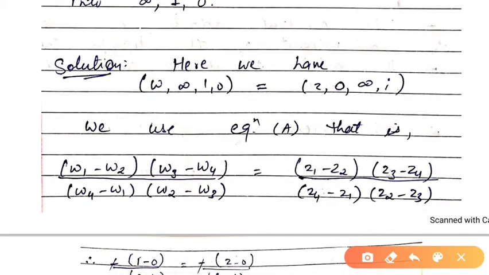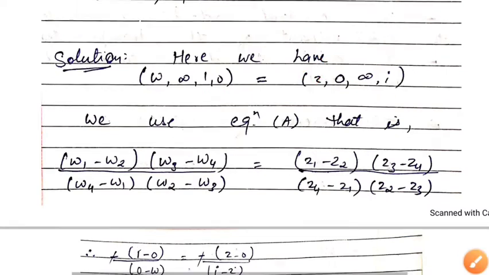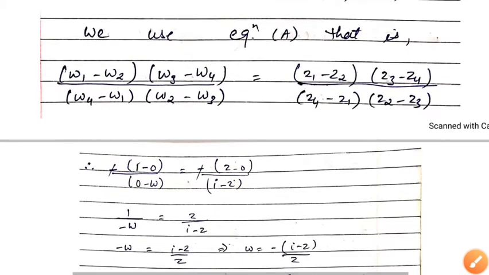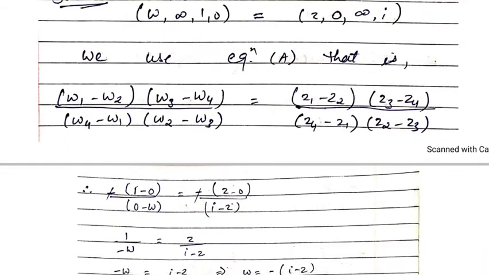So what we will do is, we will have the first one as W. So W, infinity, 1, 0. Same way in the Z portion, the first term we will name it as Z and the rest 0, infinity and I. Okay, now we will write here equation A over here. 1, 2, 3, 4, denominator 4, 1, 2, 3, right?